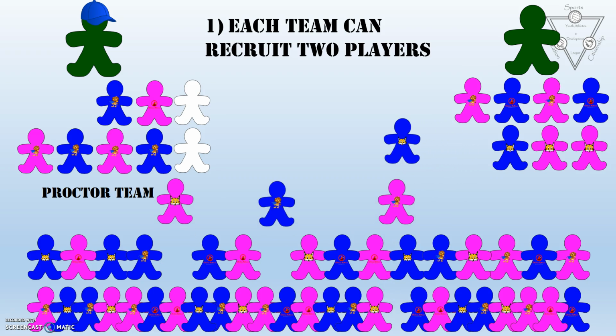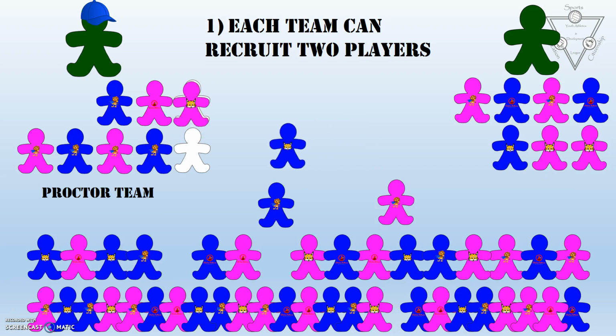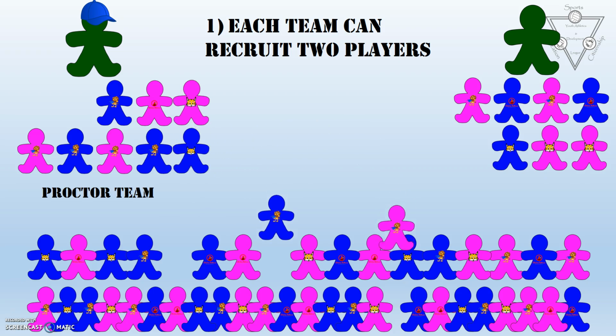So if Billy Smith at Thomas Hart-Benton decides that he wants to play for this team because he's good friends with Coach Ballcap's son who's on the team, he can say, I want to move to that team. And if Coach Ballcap decides, yep, I want Billy Smith to come play for my team, and then he picks one other, those are the 2 that come to his team. And then the others go back into the pool.